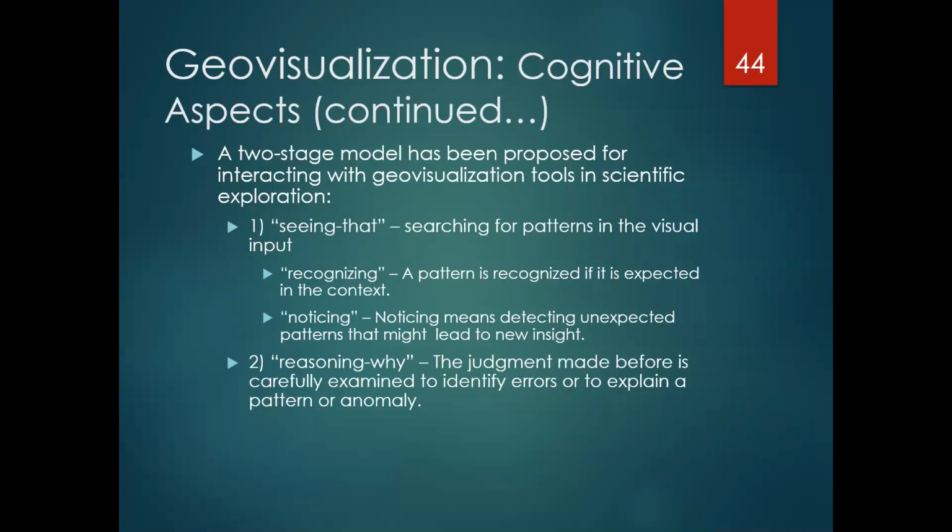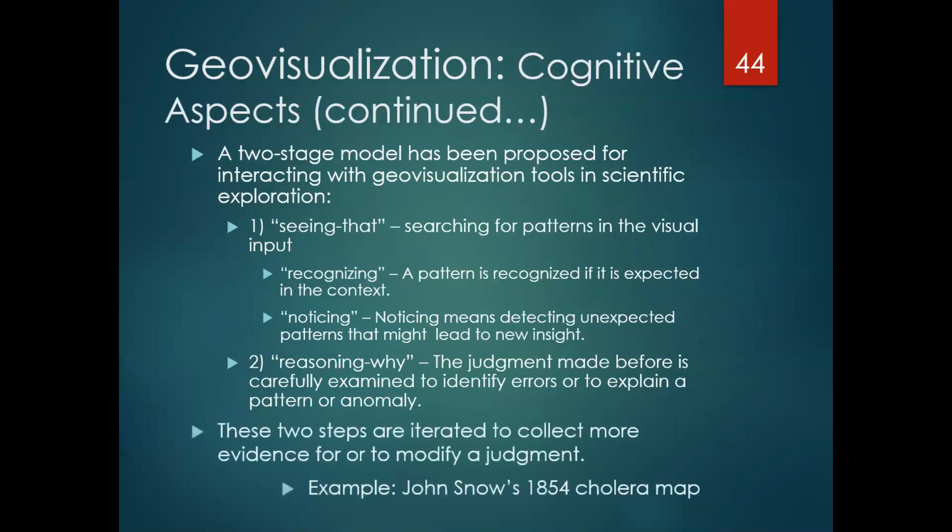The second step is reasoning why. The judgment made before is carefully examined to identify errors or to explain a pattern or anomaly. And these two stages are iterated to collect more evidence for or to modify a judgment.